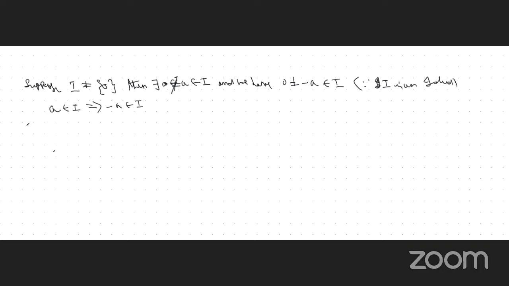Hence, by the well ordering principle, we have the smallest positive integer a0.